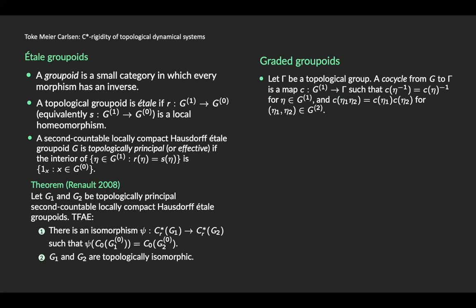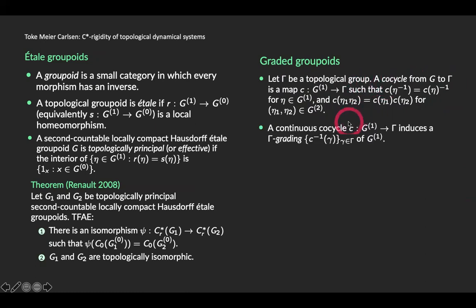So if you have a groupoid G and a topological group gamma, then a map from G to gamma is called a cocycle if it is compatible with taking the inverse and taking composition.